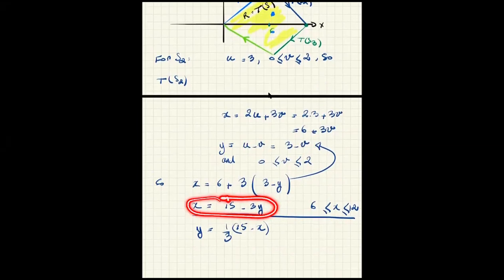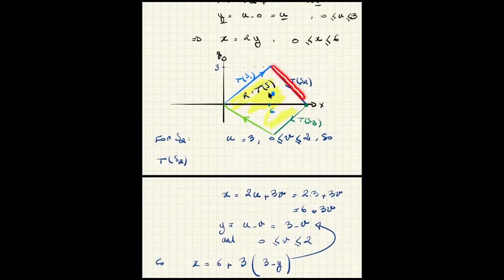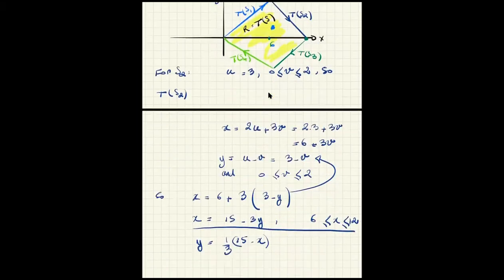And this is also a line. So this is T of S2. And then I keep doing the same thing. This is T of S4.